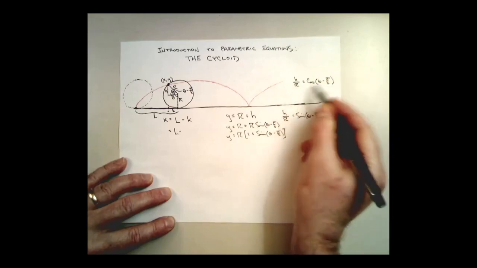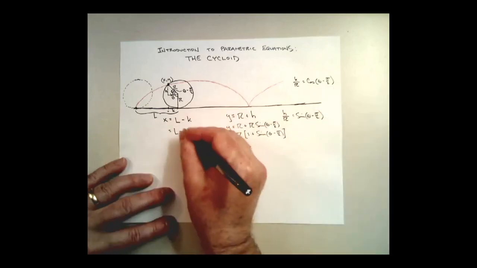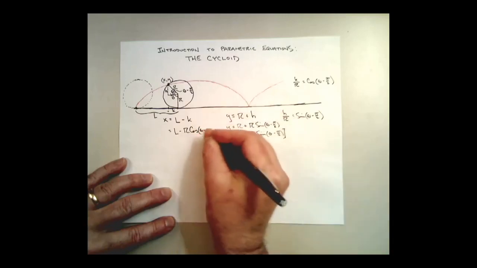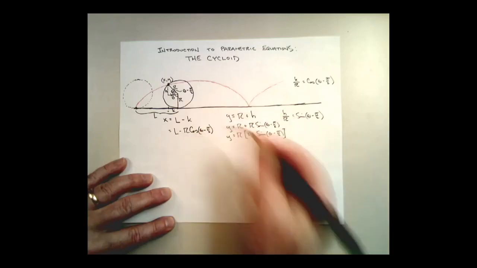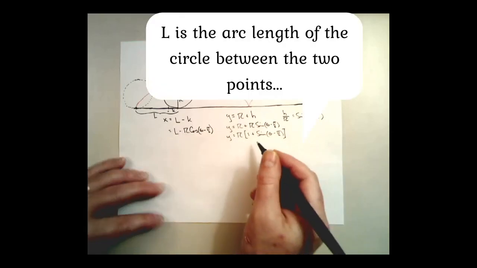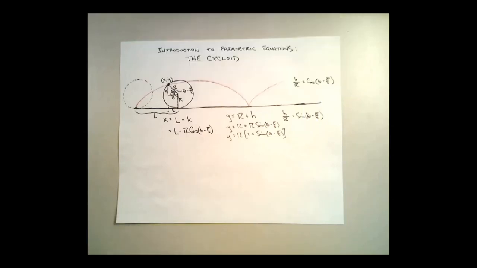That tells me that k must be r times the cosine. So I'll just replace k with r times the cosine of theta minus pi over 2. And now all we need to figure out is what L is. Well, we're going to have to do a little bit of review for that.